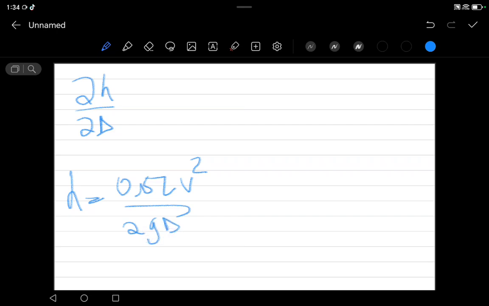What will be the derivative of H with respect to D?